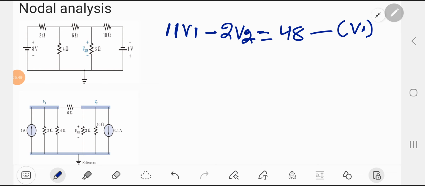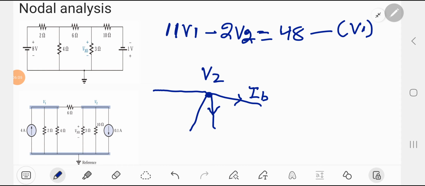So for node V2, as we know, there is a current IB associated with this node V2. So IB current is actually leaving the node, and we assume or define that the remaining currents are also leaving that node.